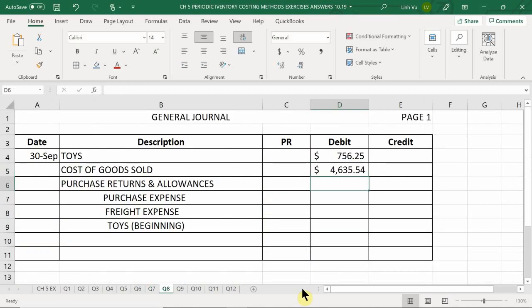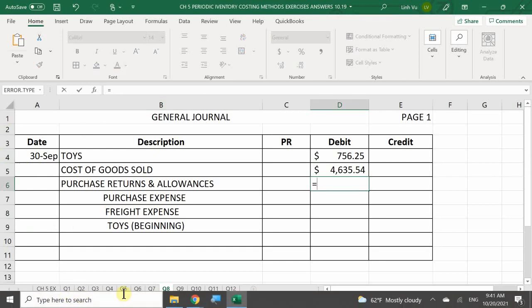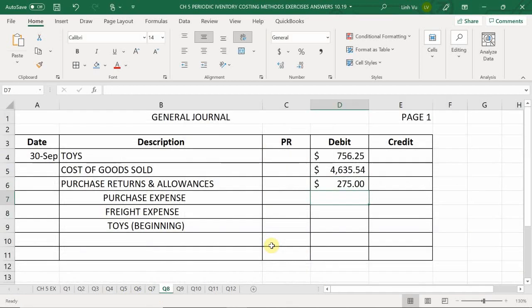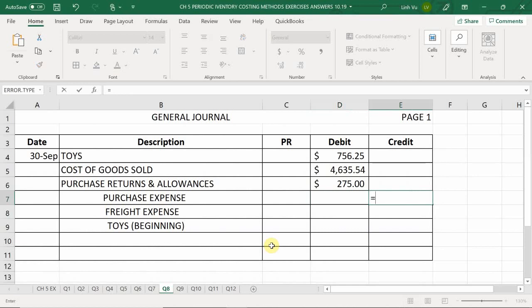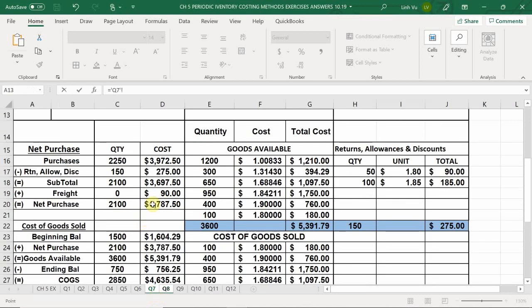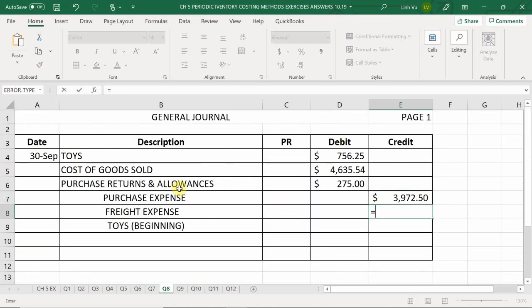Good. What was my total returns? $275. What was my total original purchase price? $3,972.50. Good.